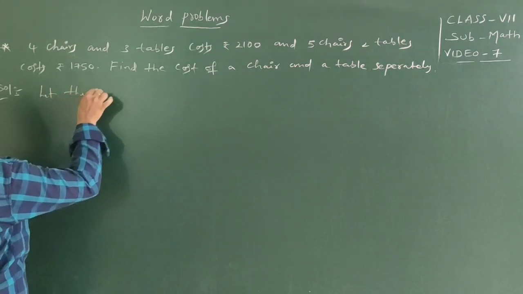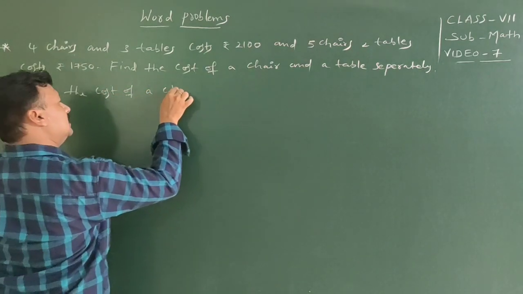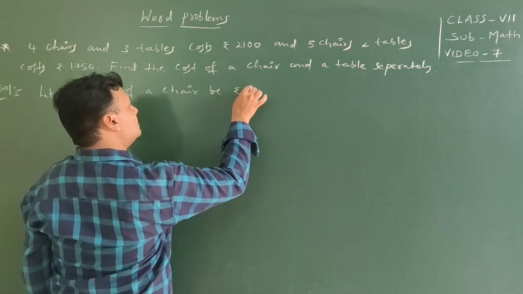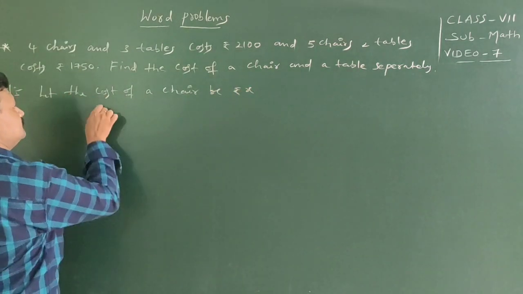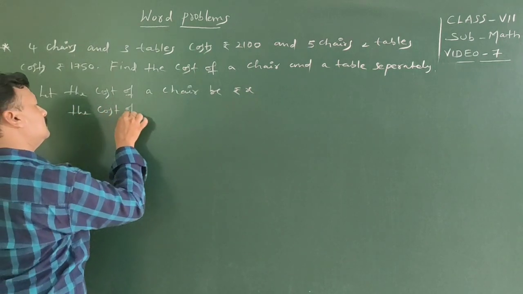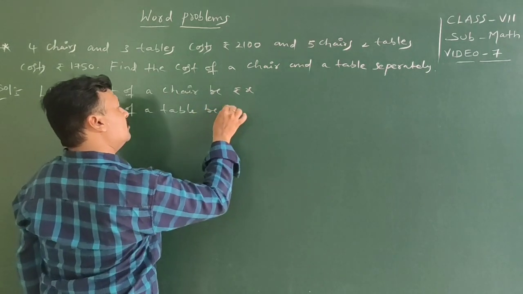Let the cost of a chair be x rupees and the cost of a table be y rupees.